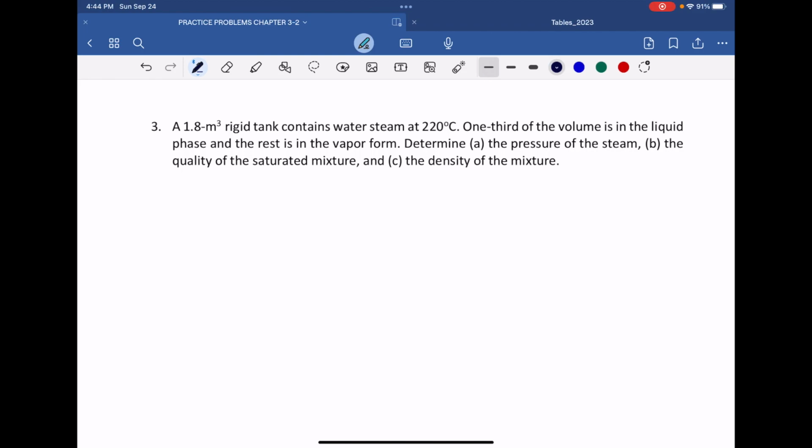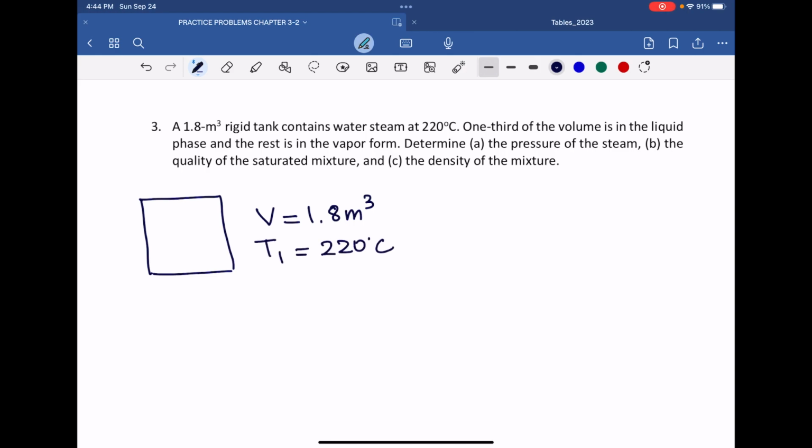We have a rigid tank and its overall volume is given. It has water steam at 220 degrees Celsius. Now 1/3 of the volume is in liquid phase. Okay.